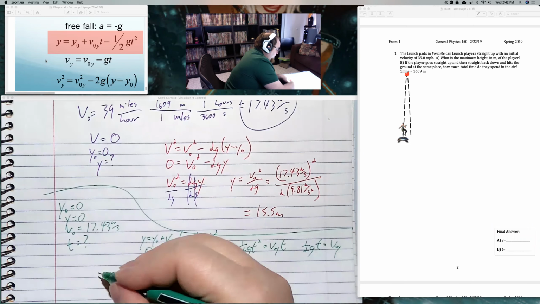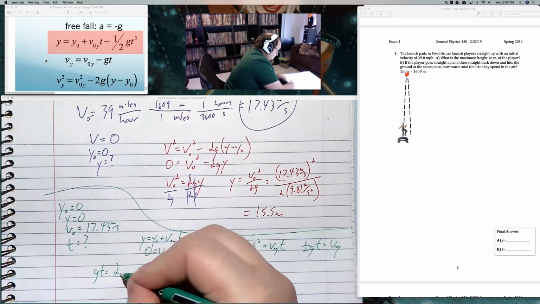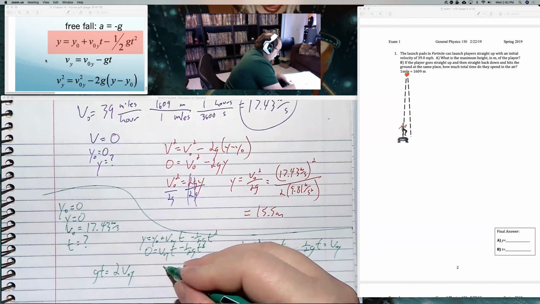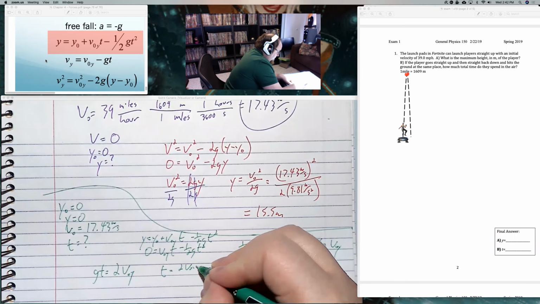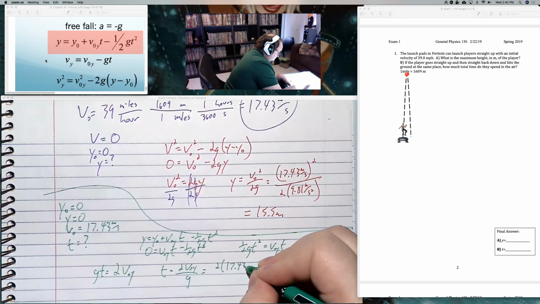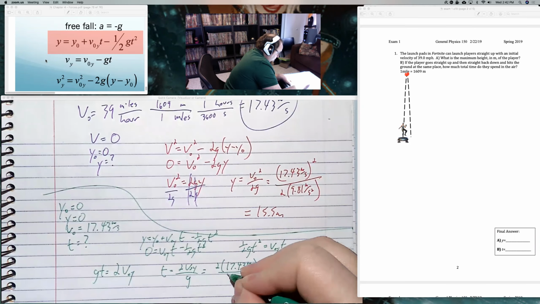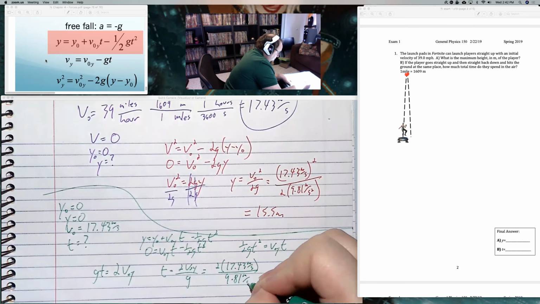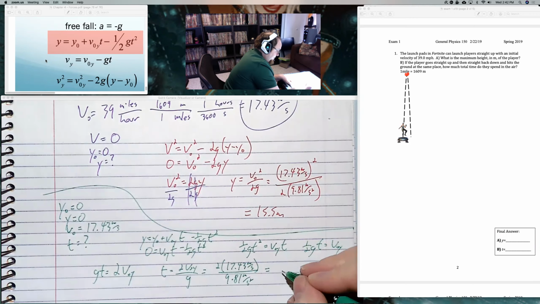Multiply both sides by 2. And divide both sides by g. That was a really bad 5.